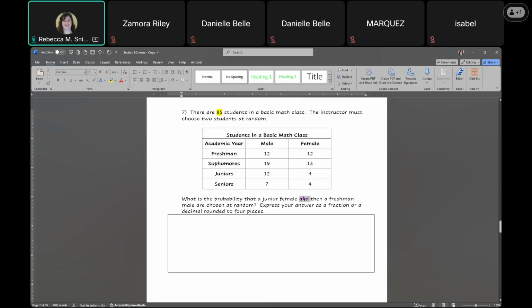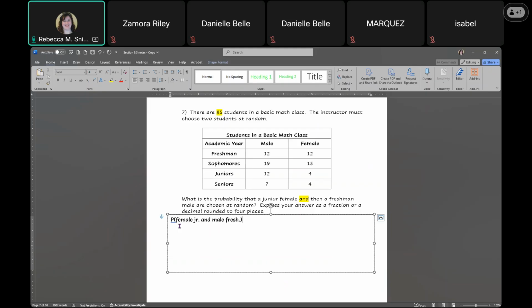So again, the buzzword here is the word "and." And so we are looking at the probability where we are going to pick a female junior and a male freshman.